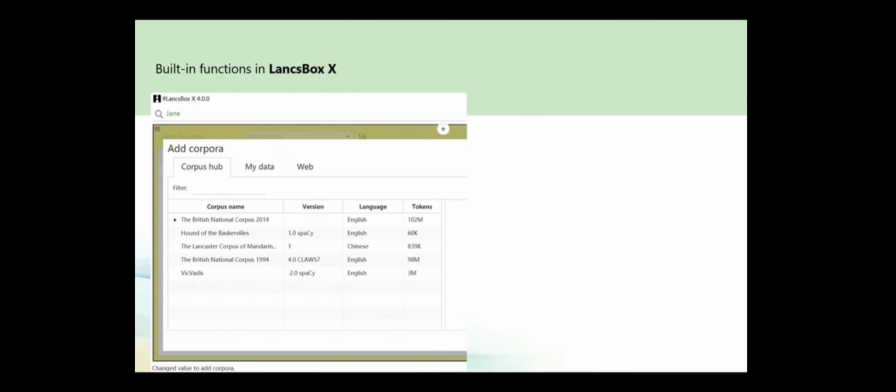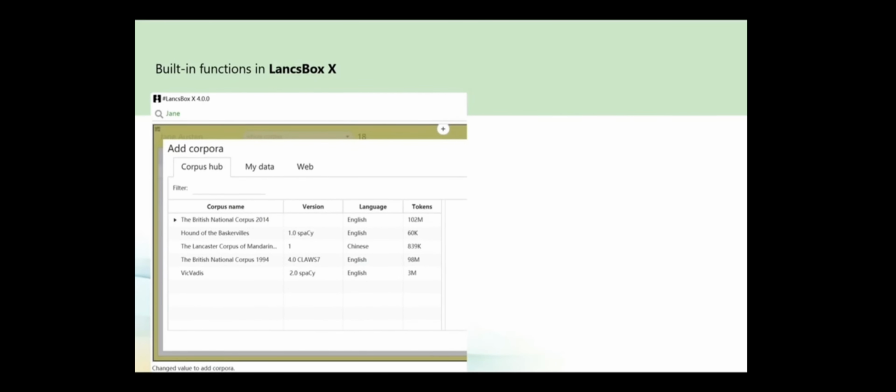LanguageBox-X offers some built-in functions that make the software ideal for beginners in corpus studies who do not know how to obtain an existing corpus or create one of their own, or how to deal with text annotations, formatting, and encoding. After downloading the program, users can immediately use it without having to create or obtain a corpus to import into it.